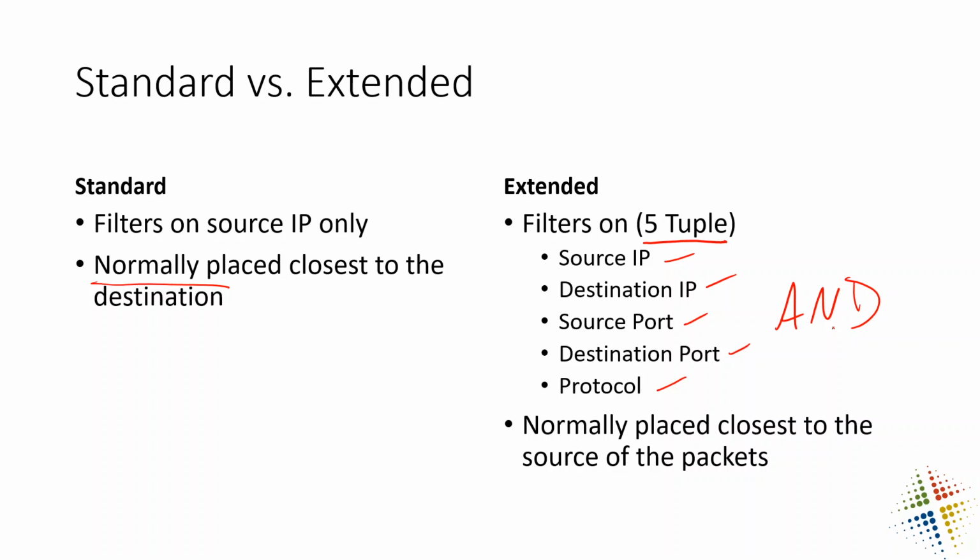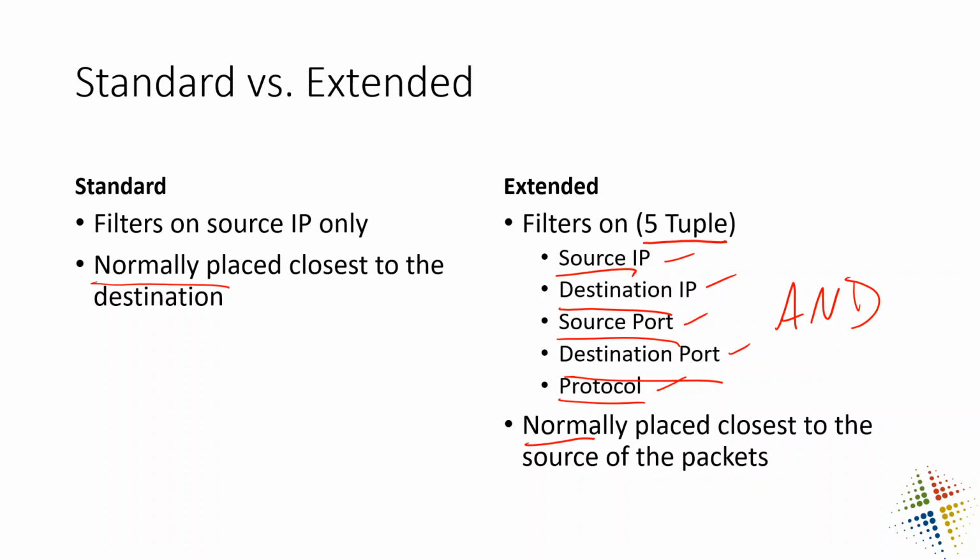So you can set up a rule that says the source IP and the destination IP and the source port and the destination port and the protocol all have to match for a rule to be applied. Now, because you can filter on both the source and the destination in this case, this is normally applied closest to the source of the packets. Again, that's a general rule of thumb. It is not always the situation.